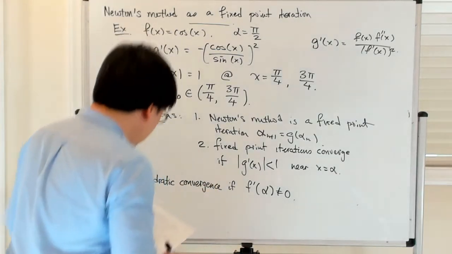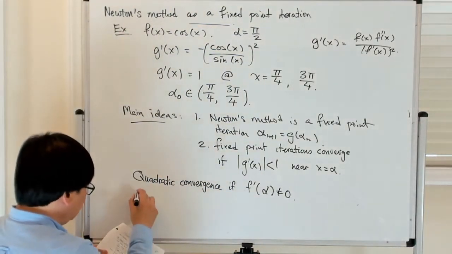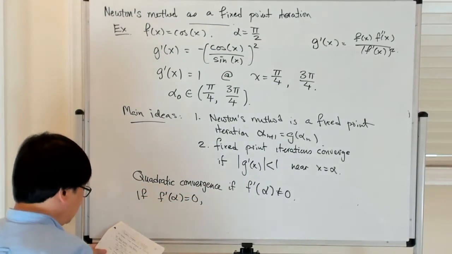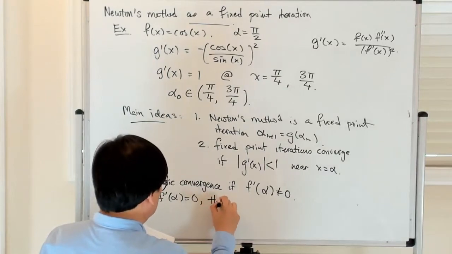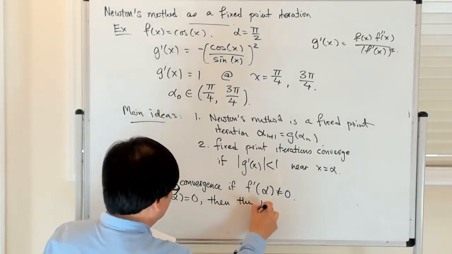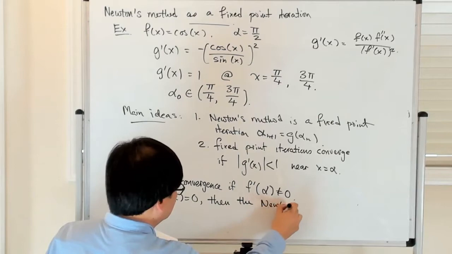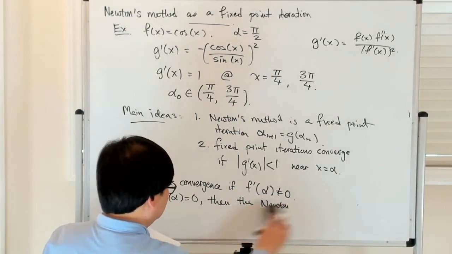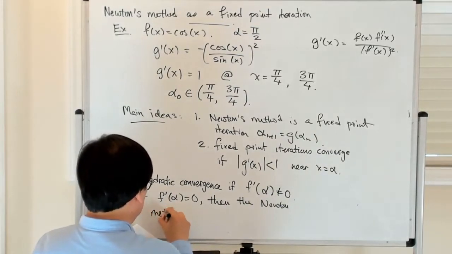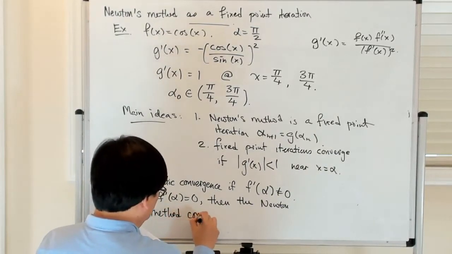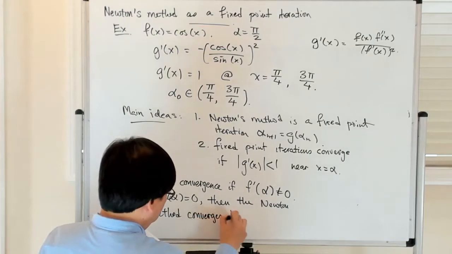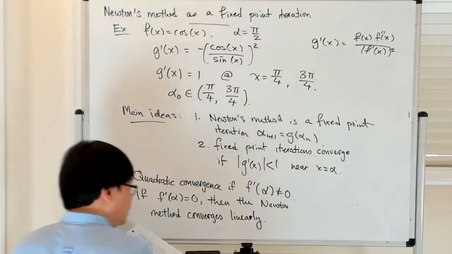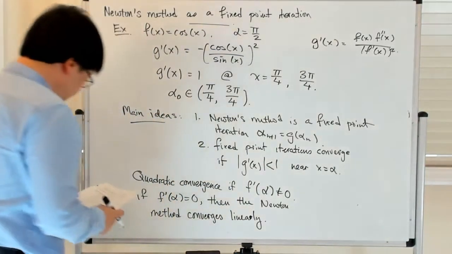If f prime at alpha is equal to 0, then Newton's method only converges linearly. That's something you'll be asked to show on one of the homework exercises.